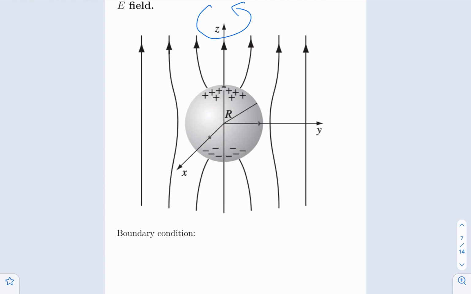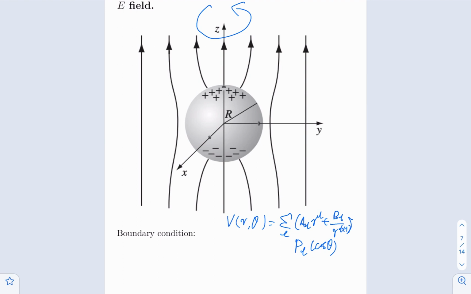So what we have for the potential must be written like this, but this is the general solution, and we still need a boundary condition.